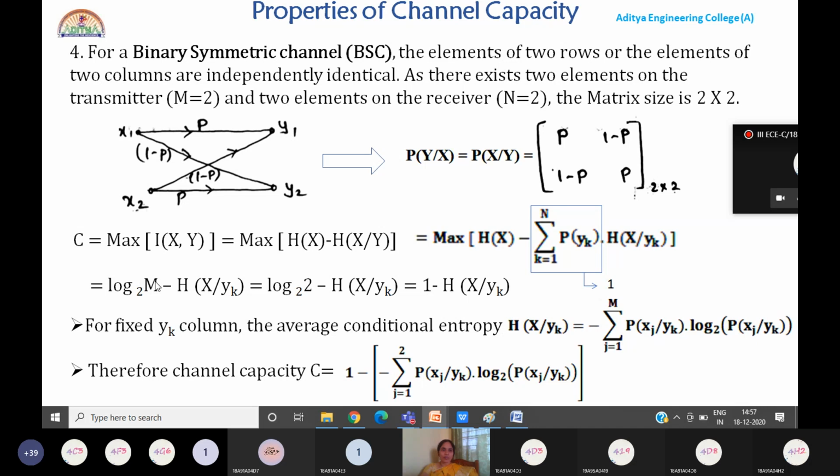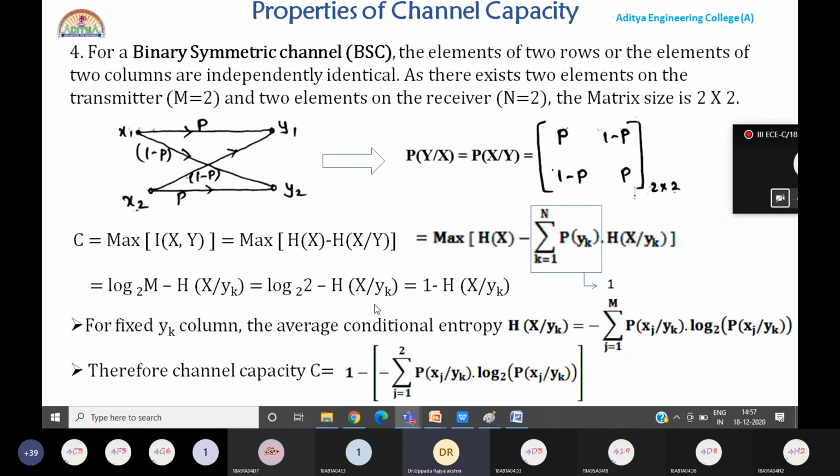So m is 2 and n is also 2. Log 2 base 2 is how much? It is 1. And H(X/yk) is the average conditional entropy.